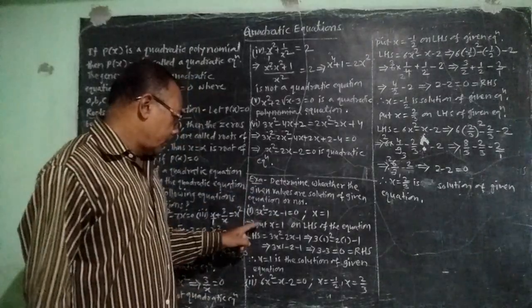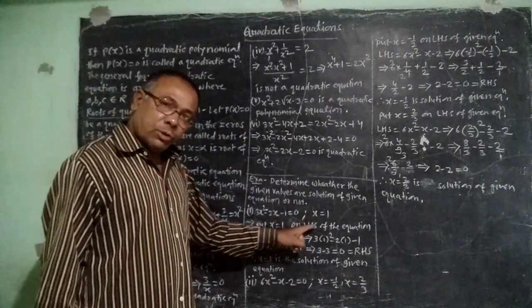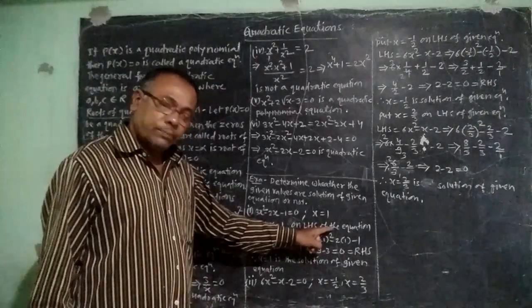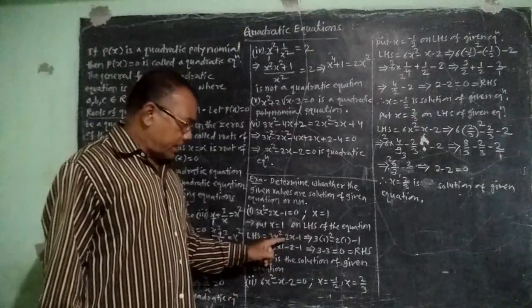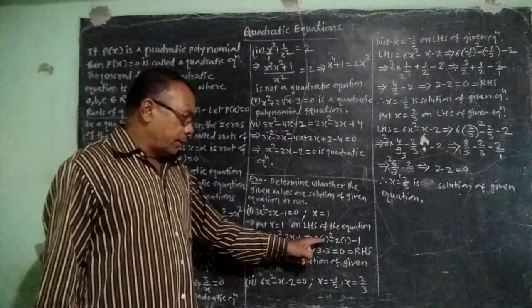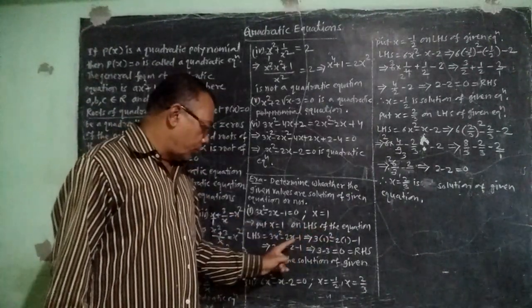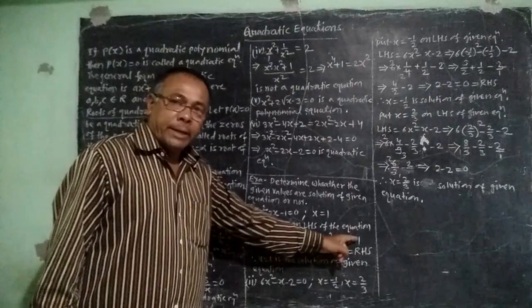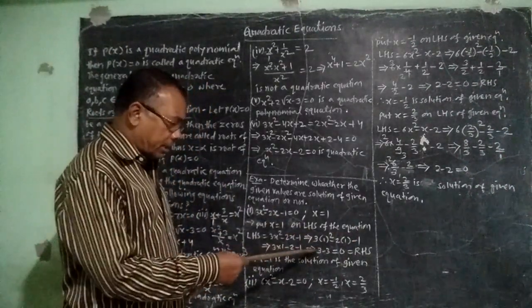So here put x is equal to 1 on LHS of the given equation. LHS is equal to 3x square minus 2x minus 1, which gives 3 into 1 square, because x square is there, minus 2 into 1, minus 1. Here 1 square is 1, so 3 into 1 is 3.